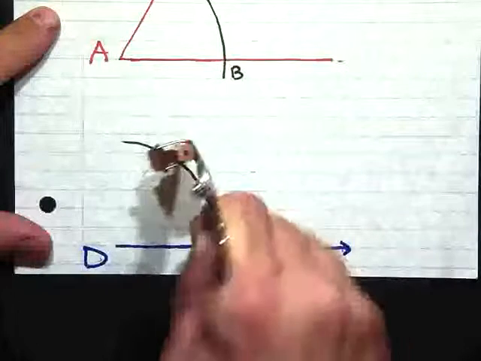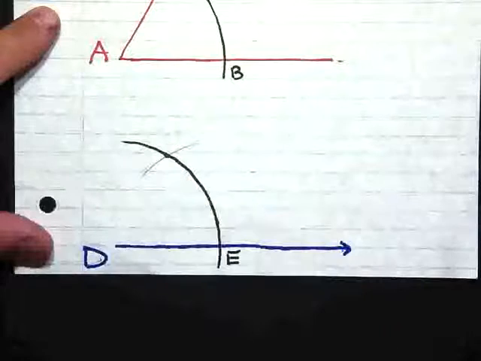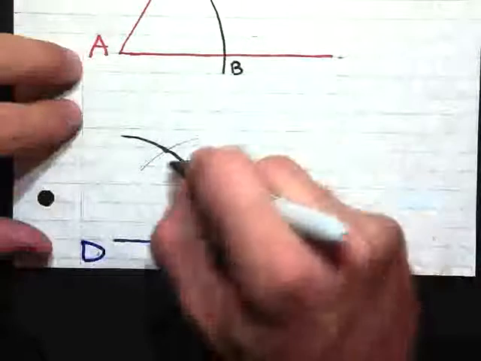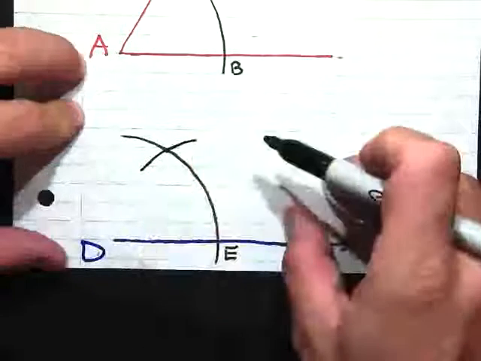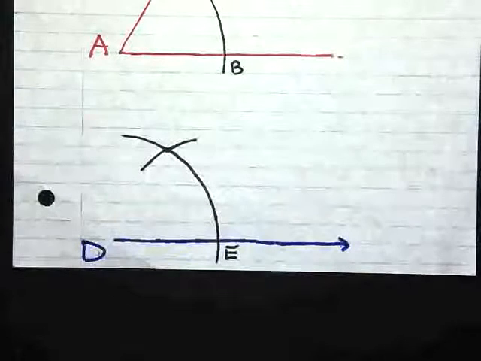This one doesn't have to be big, just as long as you can see where it intercepts. And we just did step four.